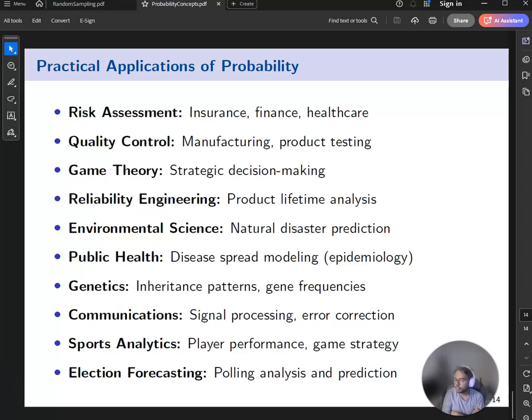Geneticists use probability to study inheritance patterns and gene frequencies in populations, which has applications from agriculture to medicine. Sports analysts use these methods to evaluate team players and develop strategies. And as you can see, there are so many different avenues where this gets used.